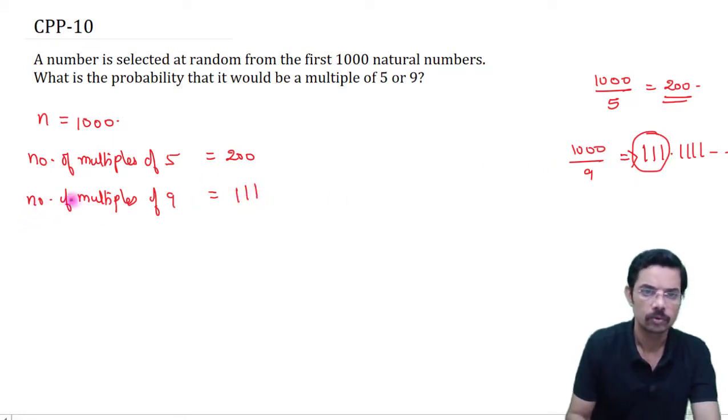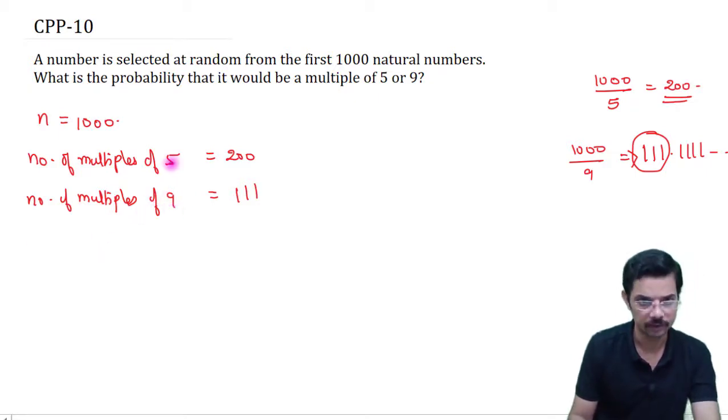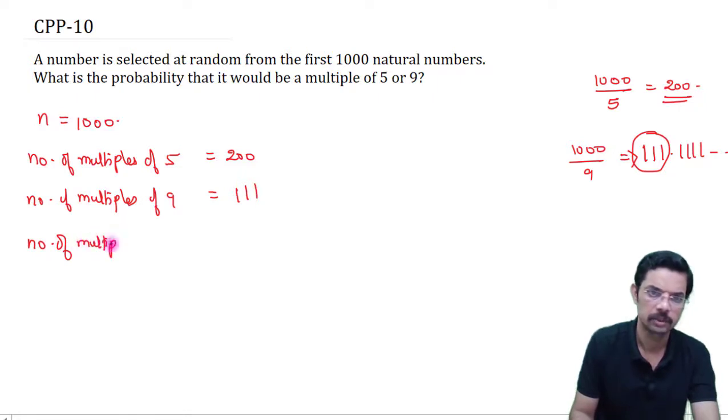Okay. Now there are some common multiples of 9 and 5. For example, 45, and 450 is also a multiple of 9 and 5. In the same way we can have many more. So let us count the number of multiples of both 9 and 5.